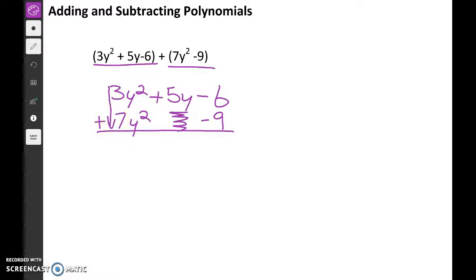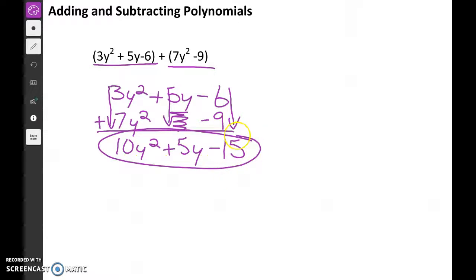So once we have this all together, we can simply just add straight down. So what's 3 plus 7? 10y squared. What's 5y plus nothing? Plus 5y. And then what's negative 6 plus negative 9? Negative 15. So we still get the same answer just by doing it in a vertical format.